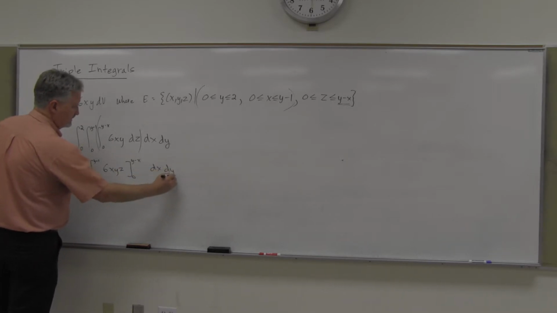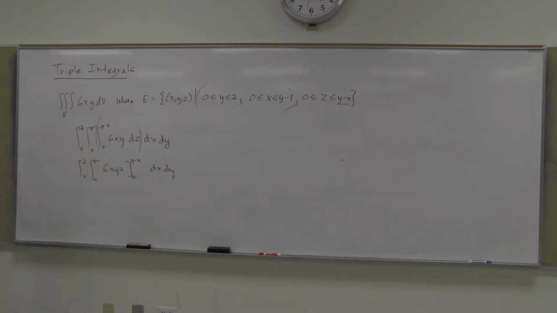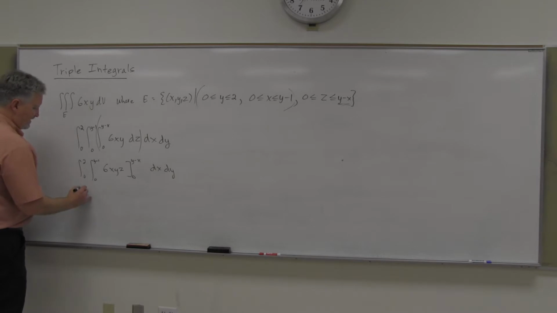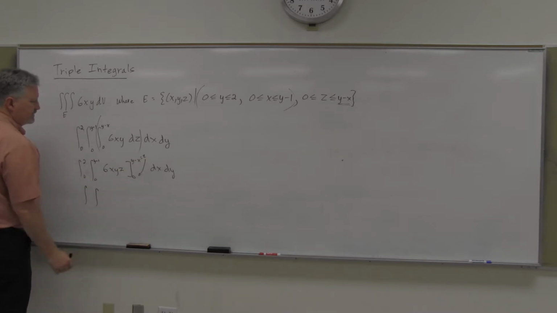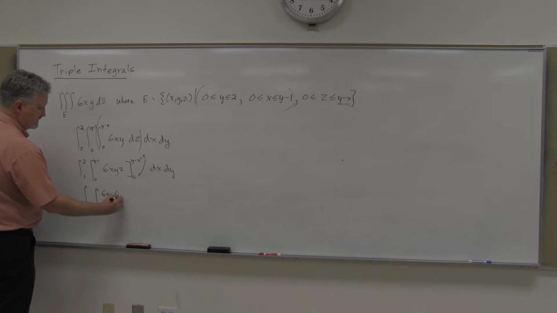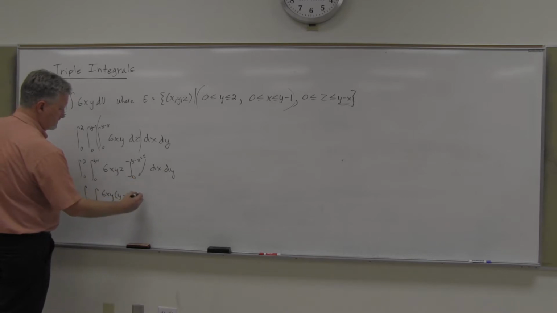I might leave off some limits here as we go along. So again, these are z's. Plug those in for z. So I have 6xy times y minus x. And then the lower limit 0: 6xy times 0 is 0.